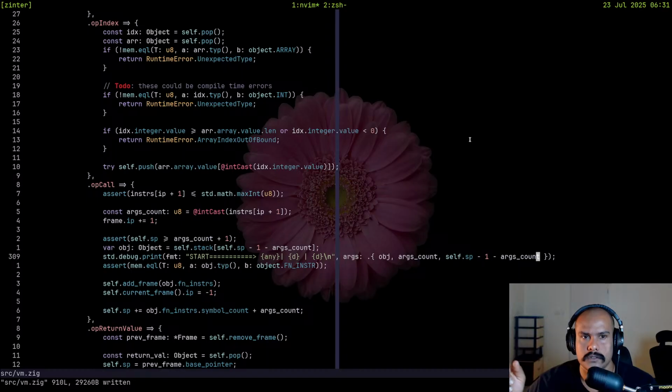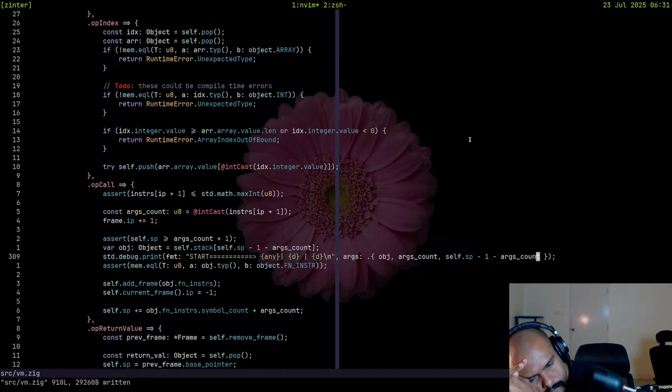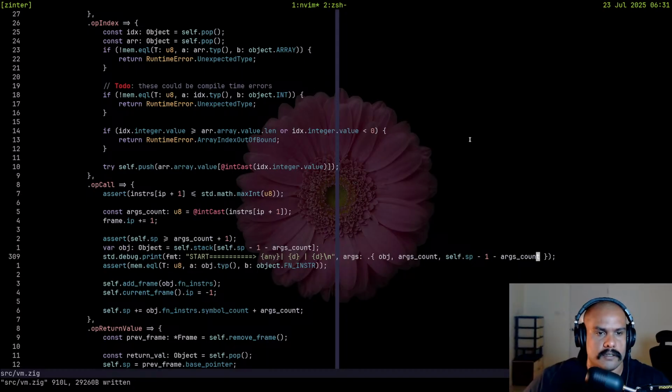Because 0, 1, 2. Somehow my stack is in the wrong order.